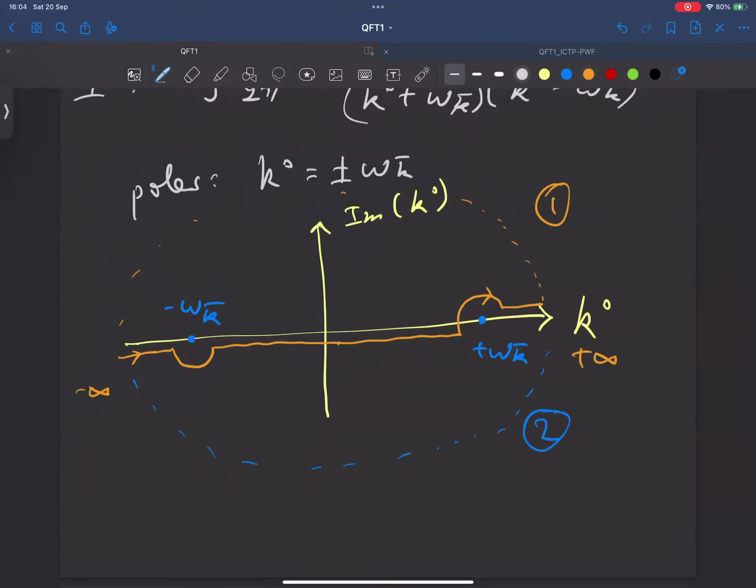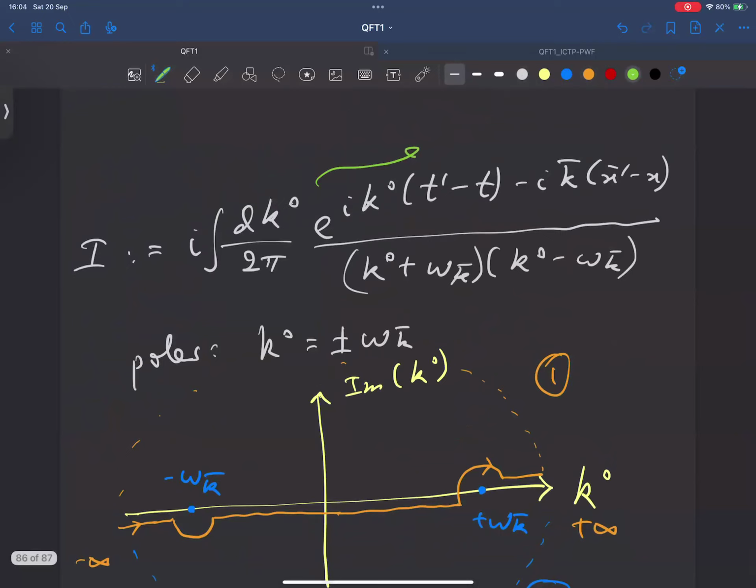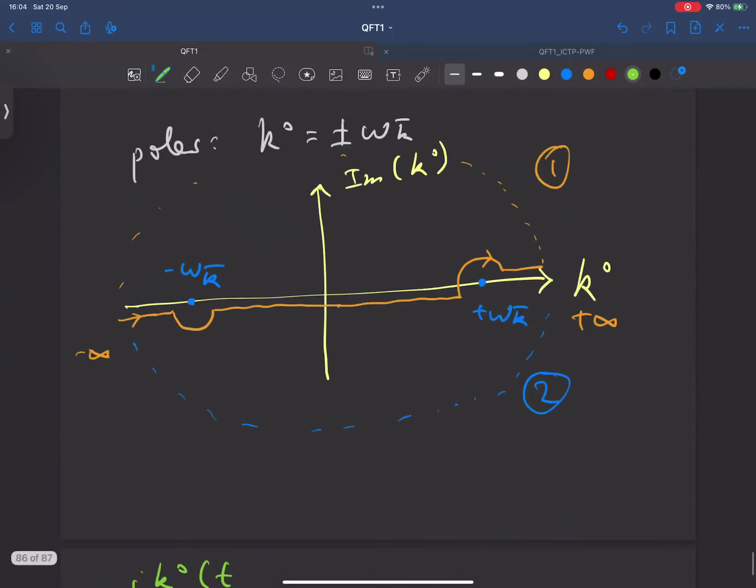So what dictates how we close this contour? For that, we have to zoom in on this factor, e to the power ik0. That's the factor that will decide where to close the contour.